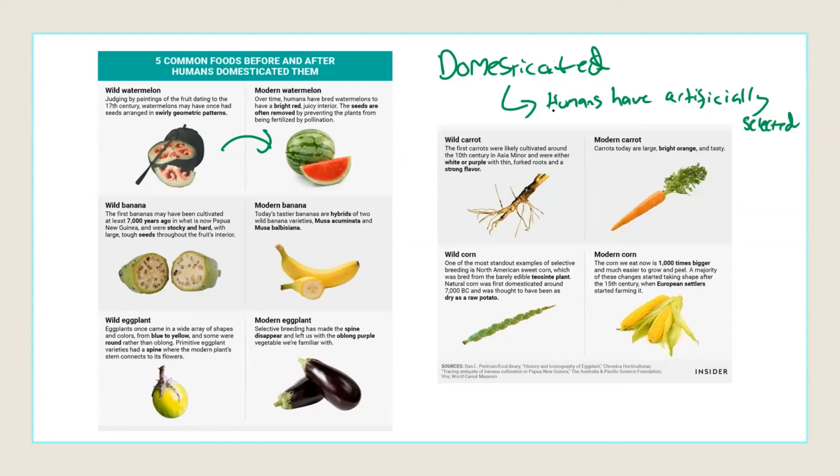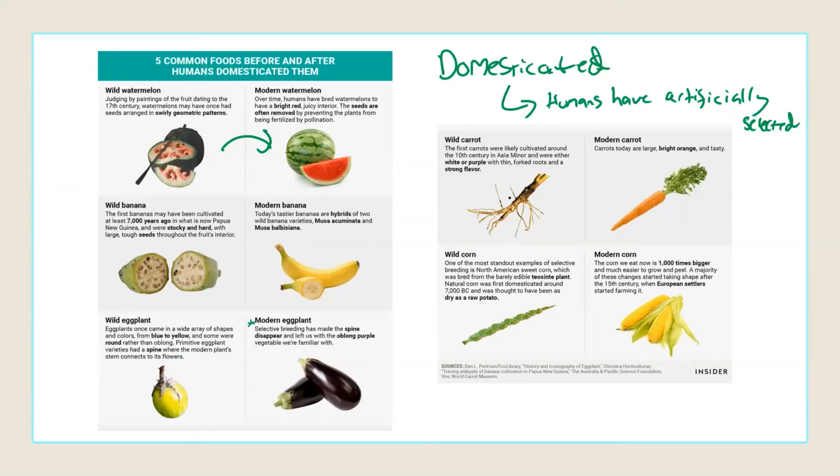Selective breeding, and this is the word that I used before, has made the spine disappear and left us with an oblong purple vegetable with their familiar black color. And you can see there was a spine where the modern plant connects to the stem. That's pretty cool.